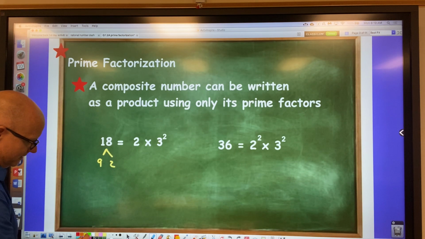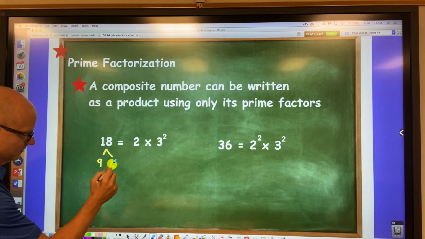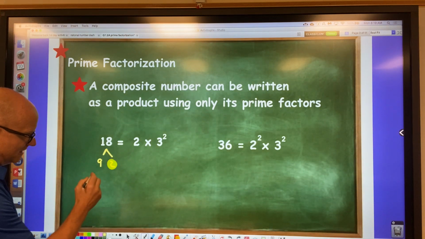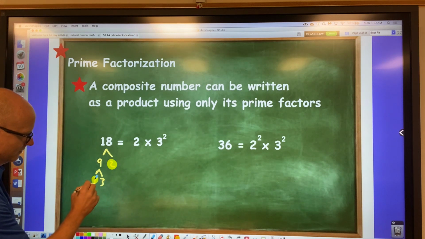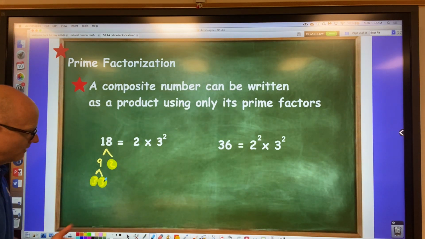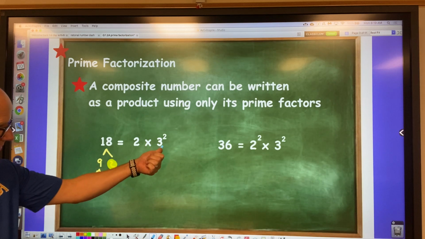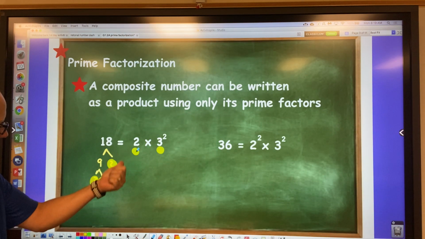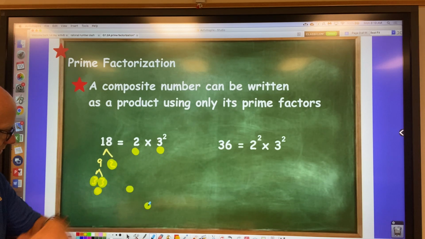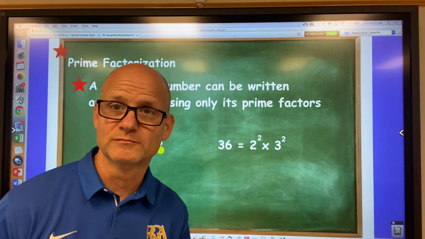And I would stop here, because this is a prime number, but I still can factor 9 to 3 times 3. And so now I have all prime numbers. See that? And so I would say 3 to the 2nd power, because there's 2 of them, times 2. I forget that I can just touch this and use my fingers. That's pretty cool. My new Promethean board.